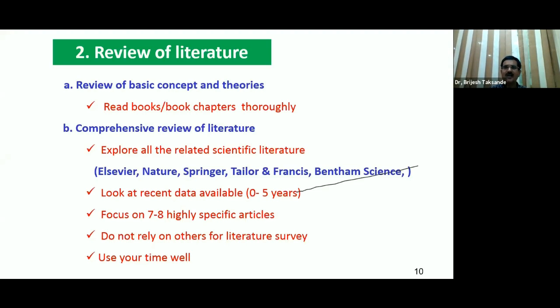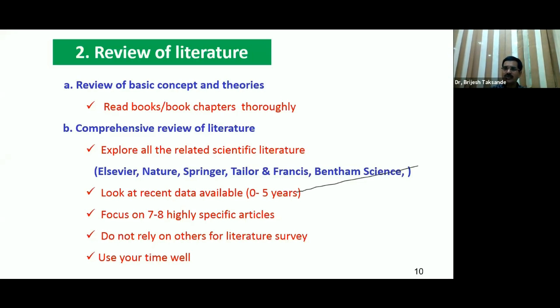Don't randomly select any other publishing groups, or randomly go for any other online material with no source of information. This is my strict guideline. Refrain from using material which is freely available on Google or on the internet, right? So I'm repeating it. Restrict your research to Elsevier, Nature, Springer, Taylor and Francis, as well as Bentham Science.